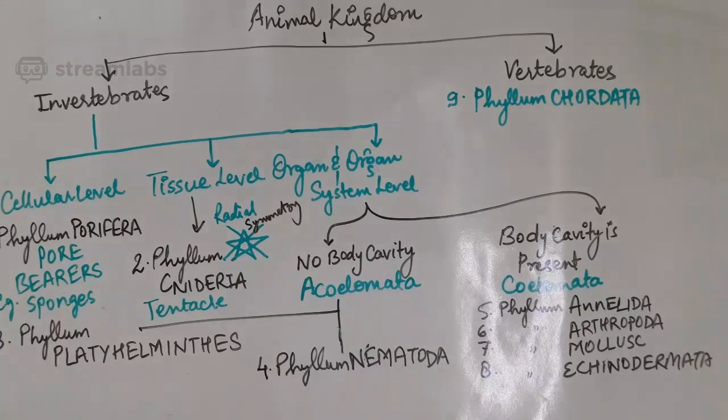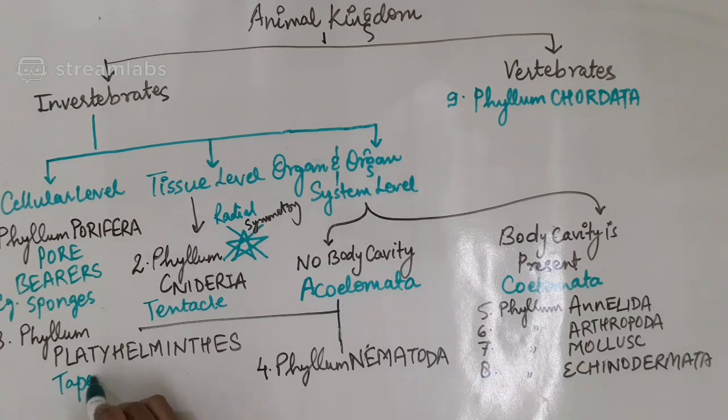Platyhelminths are bilaterally symmetrical. Examples are the parasites, which can live inside or upon any organism. Example, tapeworm, etc.